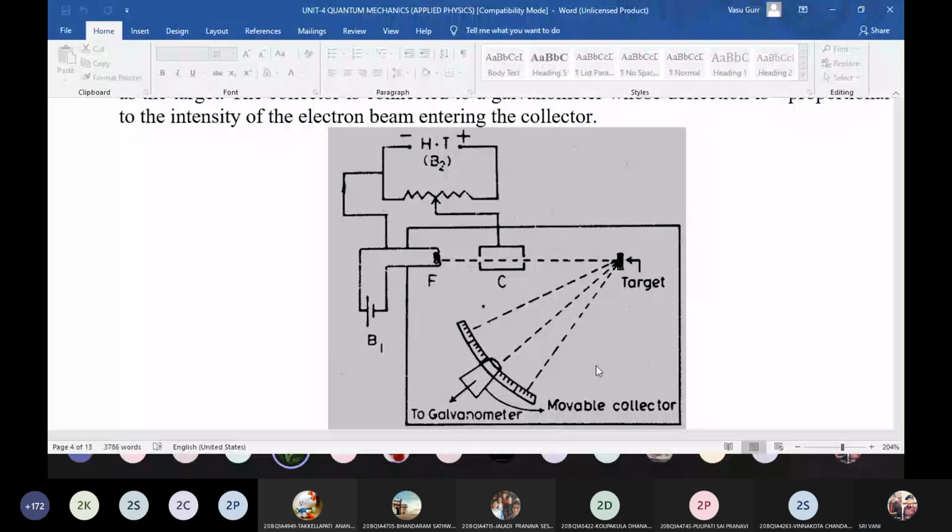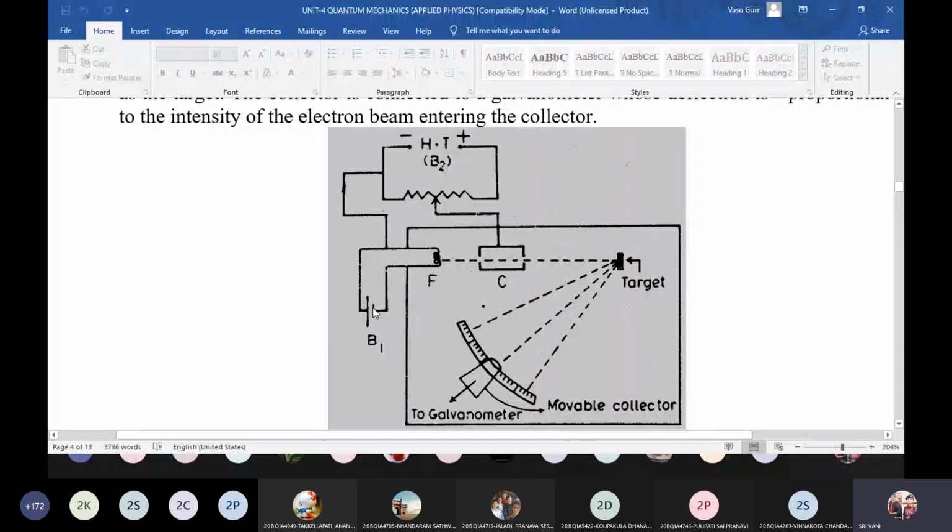Okay, thank you. So this is about the diagram, that is the intensity of the electron beams. Here, HT is the high tension battery, B1 the low tension battery.